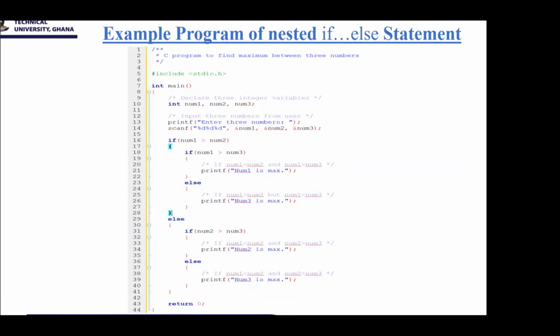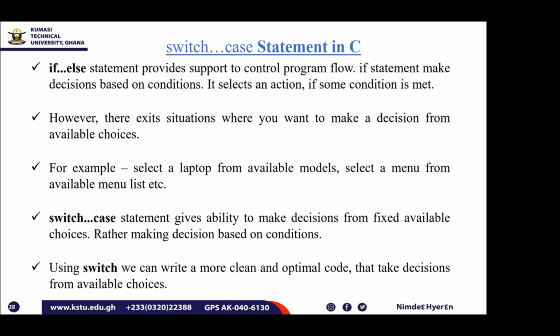Is it clear now? Okay. Now the next thing we would be looking at with the conditional statements or decision statements is the switch case statement in C. The if-else statement provides support to control the flow of a program.